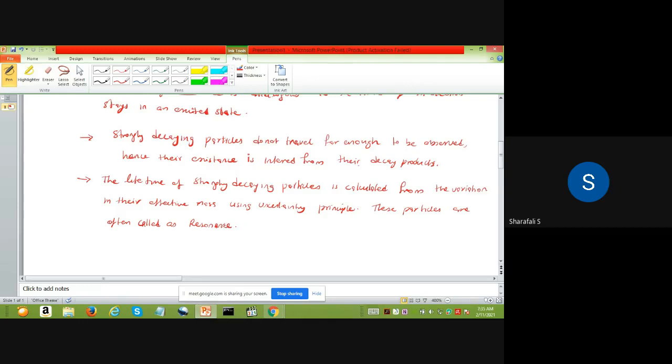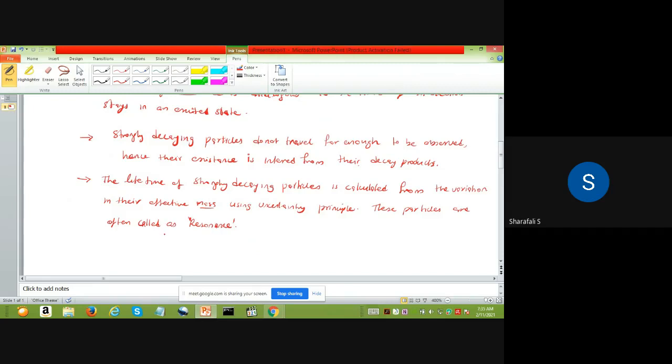Initially these particles were not considered as particles. They were considered as resonances, because we can have only the mass of these particles. Scientists were not sure whether this state is a particle or not, so they called this particular state or system a resonance.